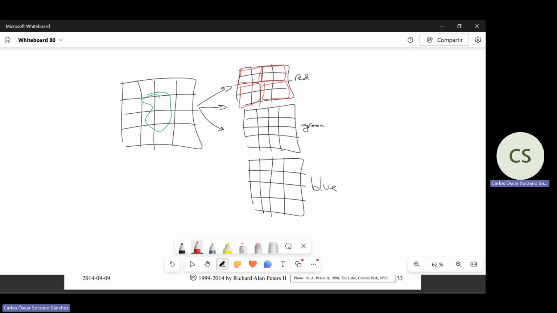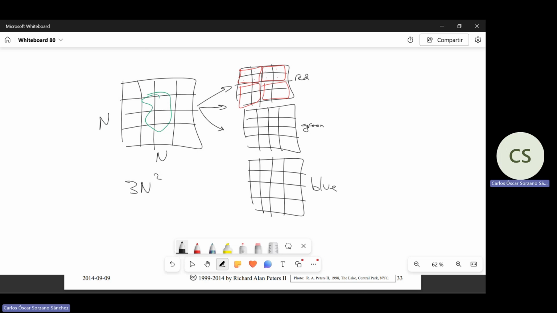Okay, so now let's say that you had at the beginning an image of size n rows, n columns, so you have 3n squared numbers.